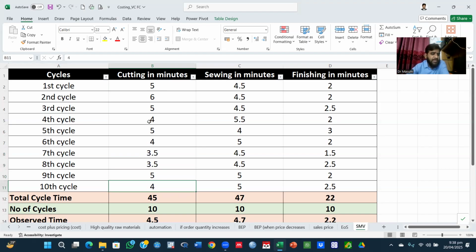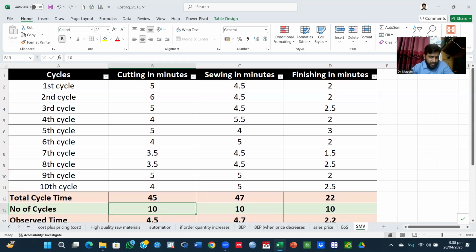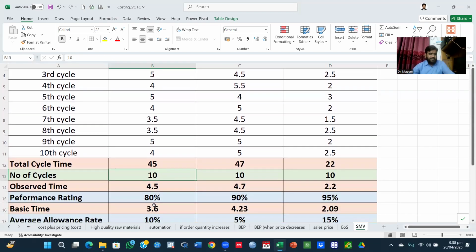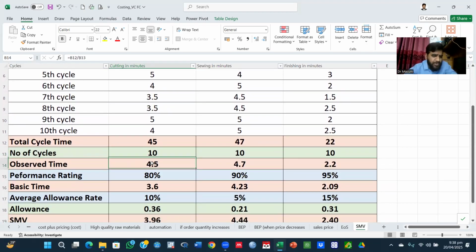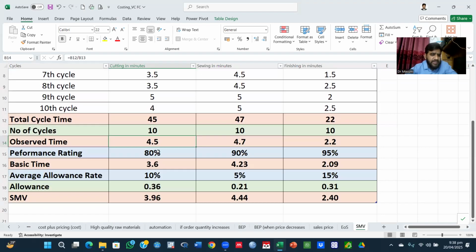eighth, ninth, and 10th time it took 4 minutes. So what is the average time? You will sum up. The sum is 45 and the total number of cycles is 10, so 45 divided by 10. Your observed time is 4.5. And the performance rating of that particular employee is 80%, so take 80% of this observed time, which is 3.6.